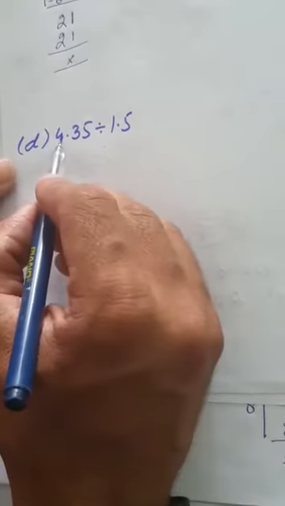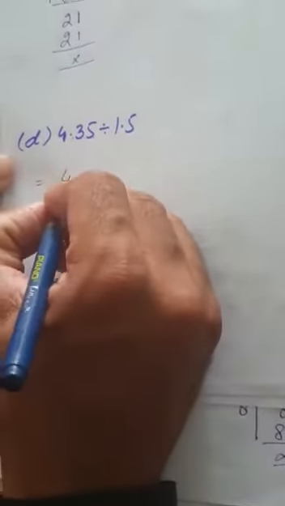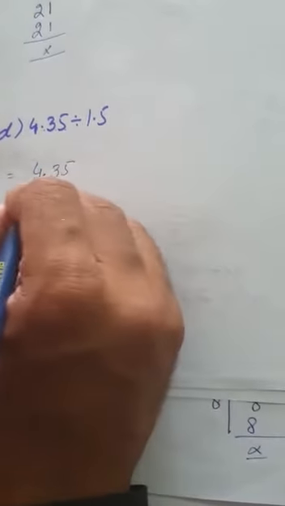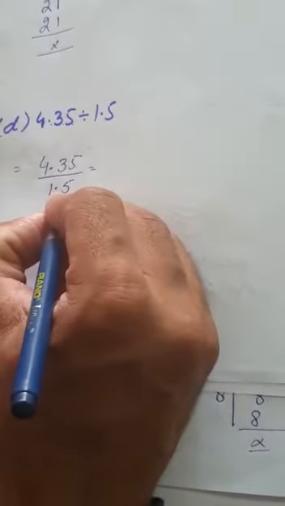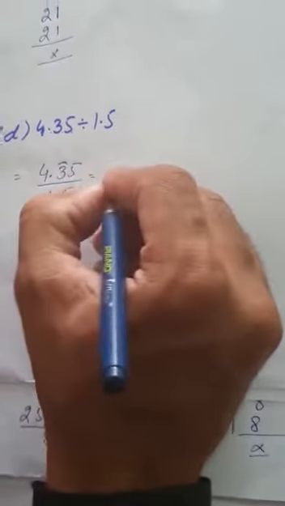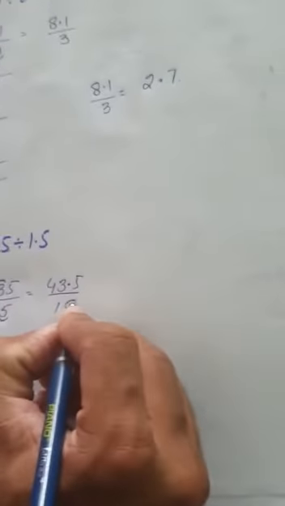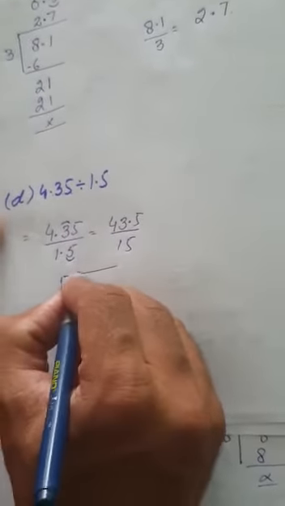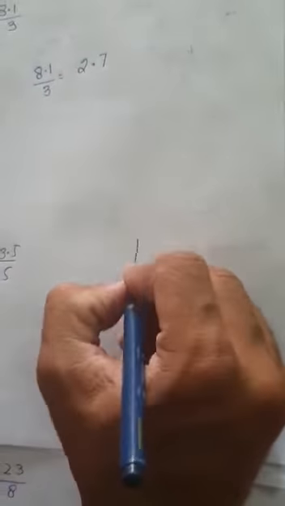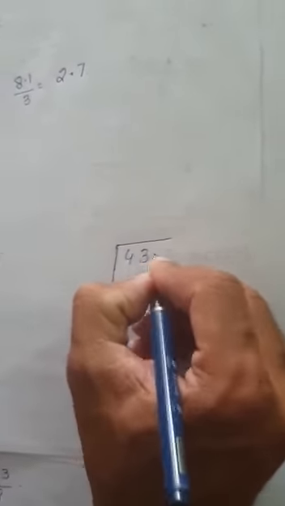Okay, let's move towards the D part. In the D part we are given 4.35 divided by 1.5. I can write it like this: 4.35 over 1.5 in fraction form, and we need to move the decimal one digit, so it will become 43.5 over 15. After this we will perform the division. 43.5 divided by 15.